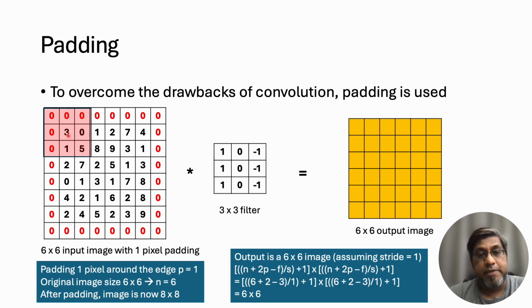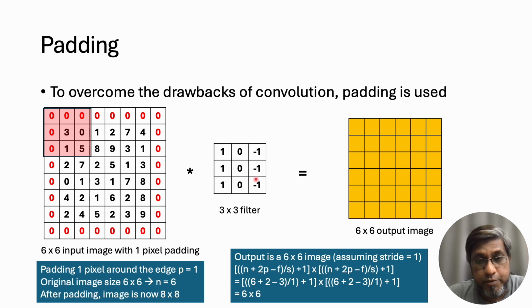As we shift this window by 1 pixel each time to the right, this corner pixel 3, previously, was being used only in a single computation. Now it will be used in more than one computation. In this case, it will be 2 computations and so on. So basically, by padding, the corner pixels are moved inward, resulting in those pixels being used more often in the computation of the convolution process.